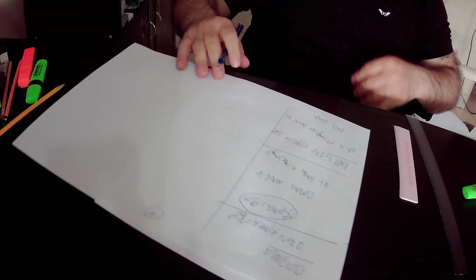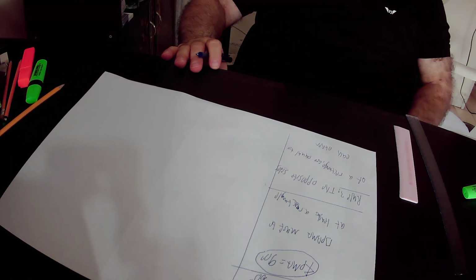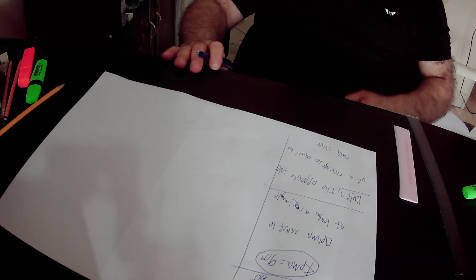I will read rule number 3 again. According to rule number 3, the opposite sides of a rectangle are equal to each other.